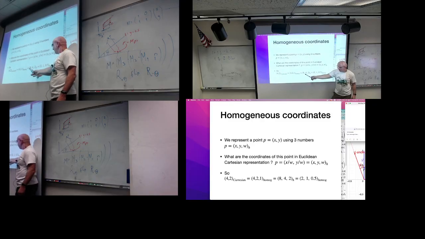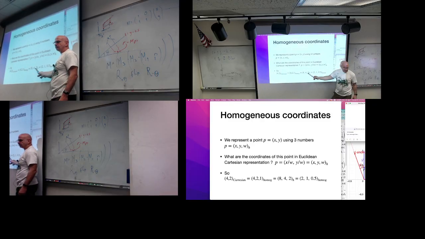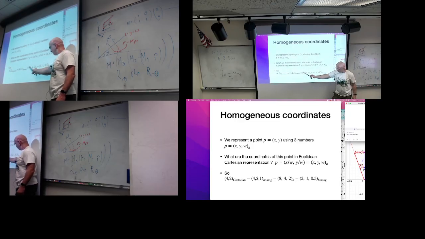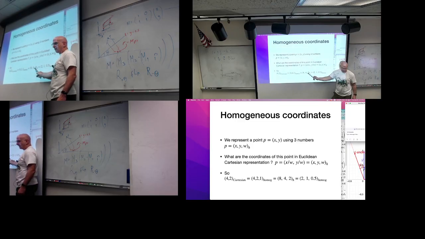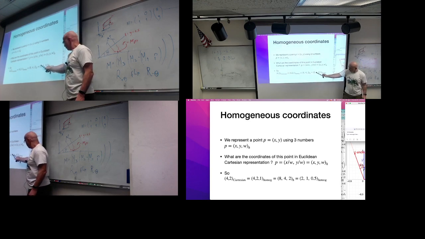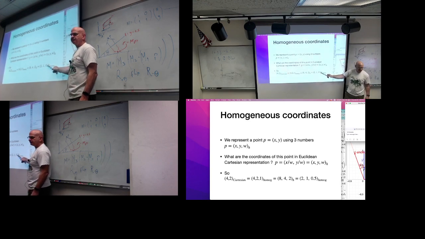But I can also write it as 8, 4, and 2. It's the same point. And remember, I'll tell you that it's in homogeneous coordinates. And where is this point located? It's 8 divided by 2, that's the x coordinate, making it 4, and 4 divided by 2, making it 2. I can also write it as 2, 1, and 0.5.